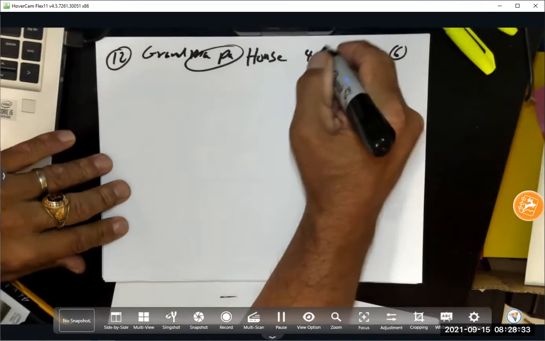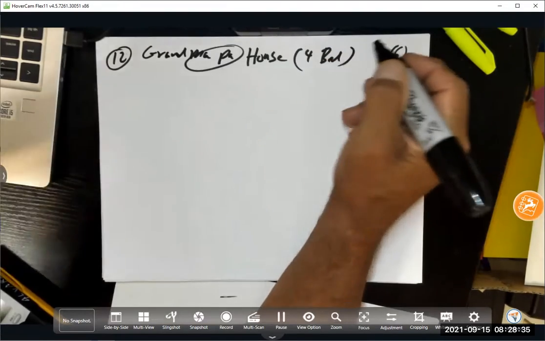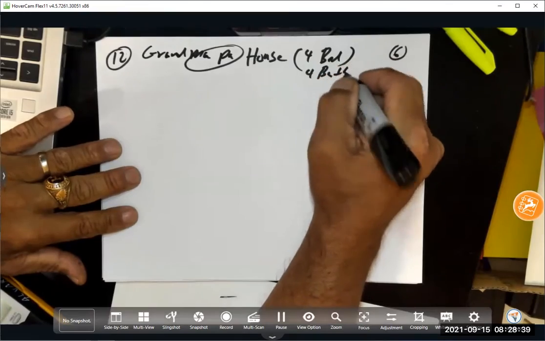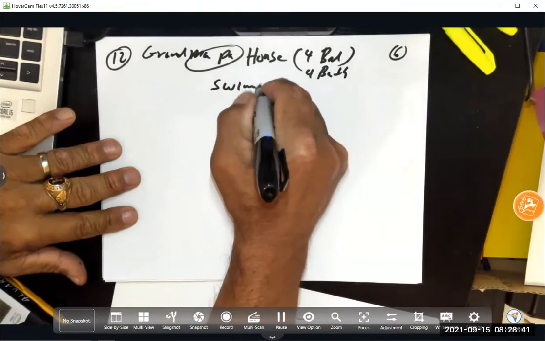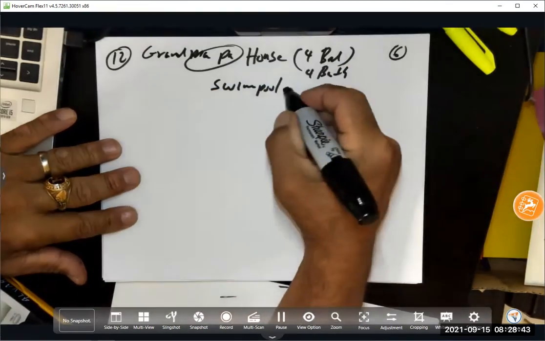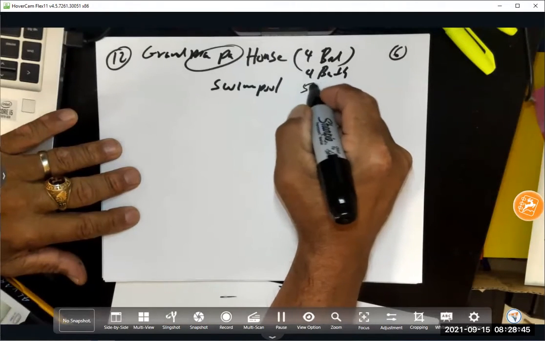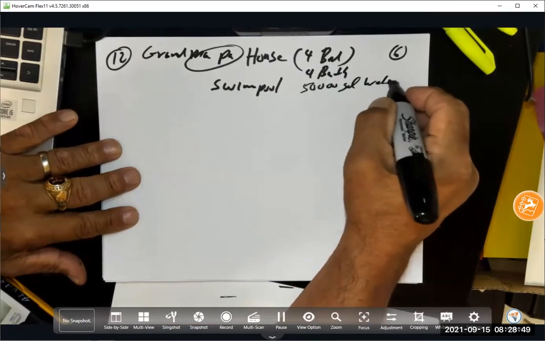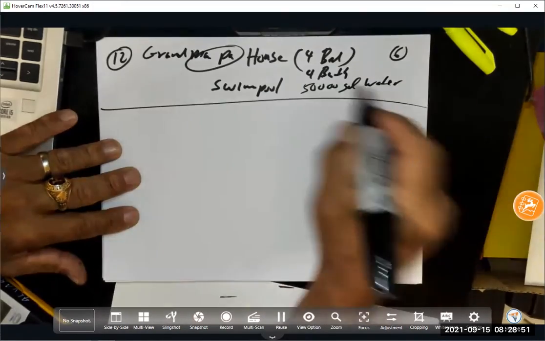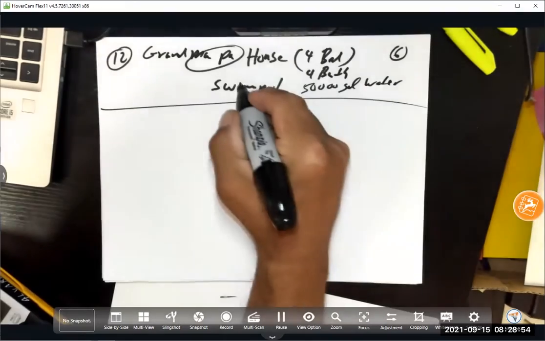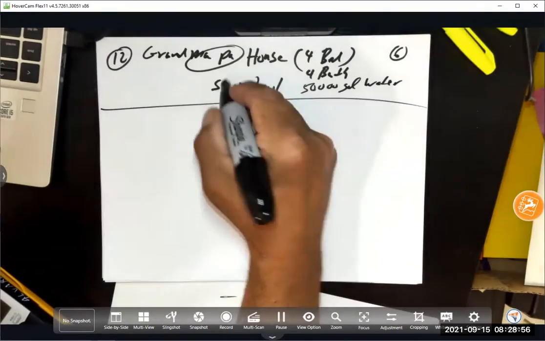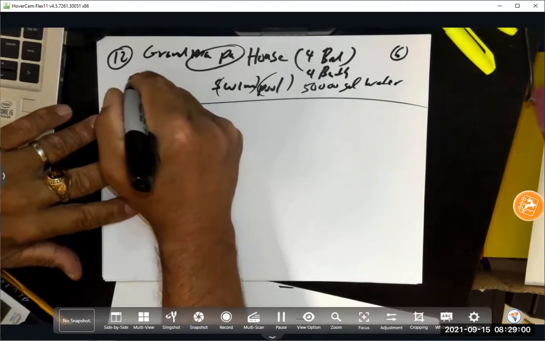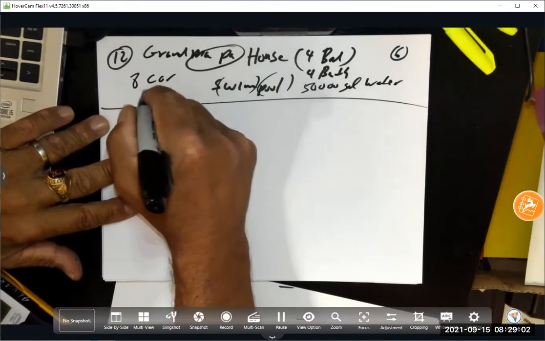And they have a 4-bedroom house. Okay, they got a 4-bedroom, 4-bath. We have a swimming pool in the back. The swimming pool has 50,000 gallons of water. All right, so there it is. The grandma, who has a 4-bedroom house, 4-bath, and a swimming pool in the back, and it has 50,000 gallons in it, and it has an 8-car driveway.